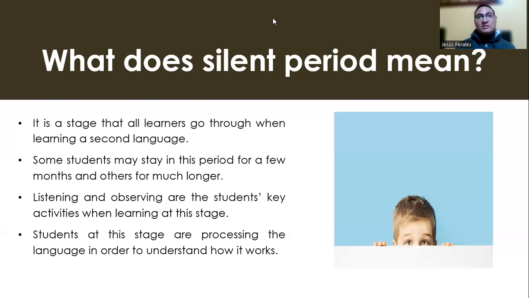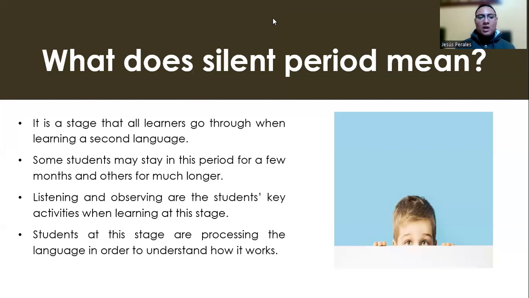So we really have to be aware that it's not the classroom and the learning process itself, but that there are external factors that can make this period take longer or shorter in terms of time.